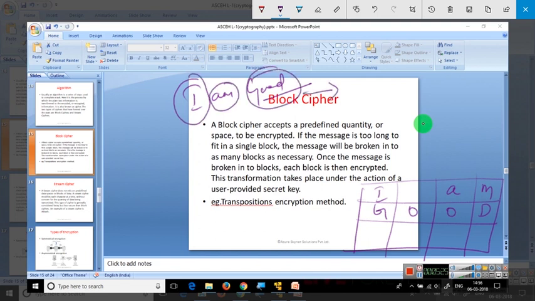My new message will be I, then a space, then IG, then a space, then O, then a space, then AOMD. This is the ciphertext of this plain text. So that's the beauty of block cipher. In a block cipher you are allowed to encrypt or decrypt the whole block at a time.